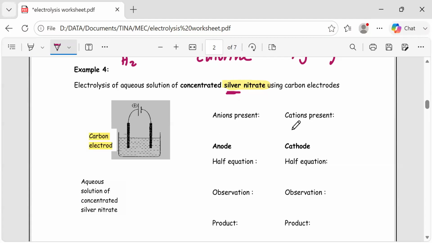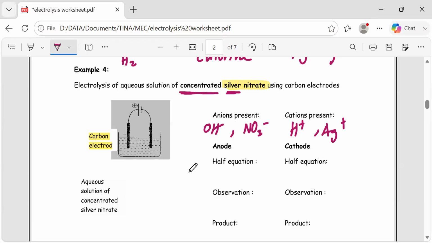So when I have my cathode, hydrogen and silver, who do I choose? Silver. But my anion won't make a difference. Anion, I still choose hydroxide. Concentrated doesn't affect nitrate. Concentrated only affects chloride, bromide, iodide.